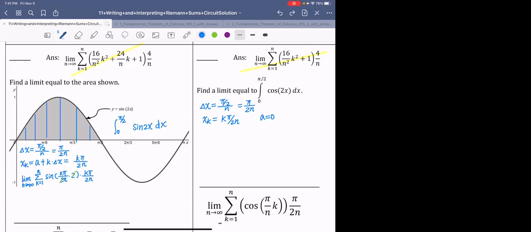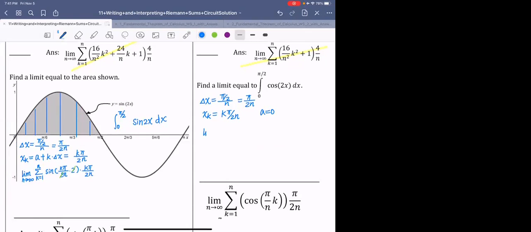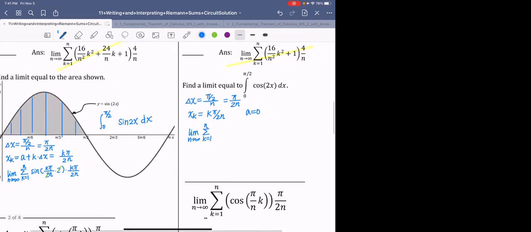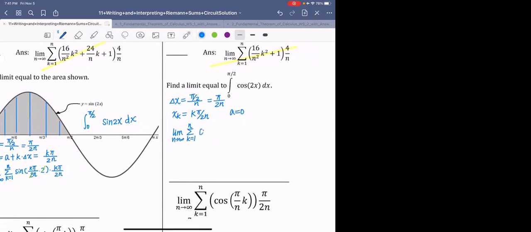Go ahead. Right, so you do lim n approaches infinity. You write the sigma, and then it's k is equal to 1 on the bottom, n on the top, and then it's cosine 2 times k pi over 2n, so it's just k pi over n. And then you multiply that by k pi over 2n.